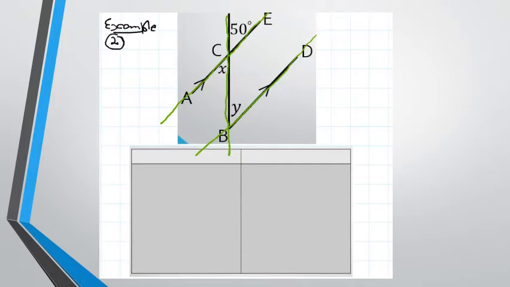Further than that, now I do realize that this angle and this angle here must be vertical, or directly opposite, angles. So x must then also be 50 degrees because it's vertically opposite.